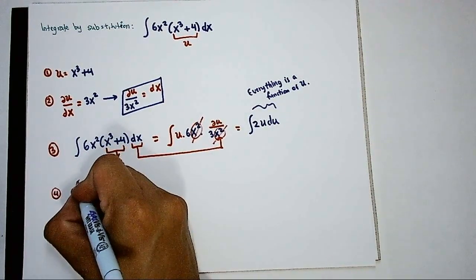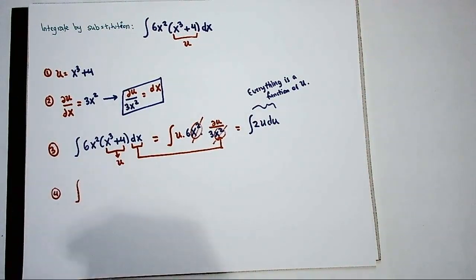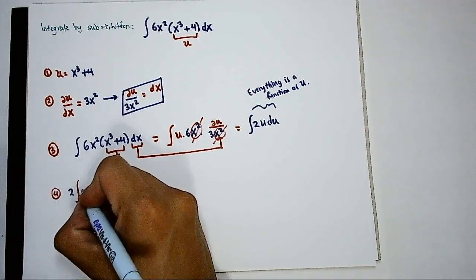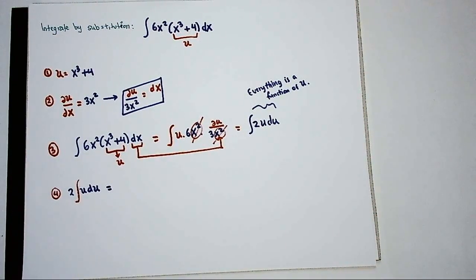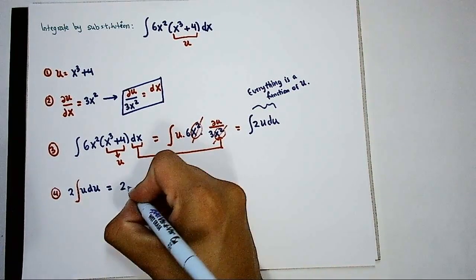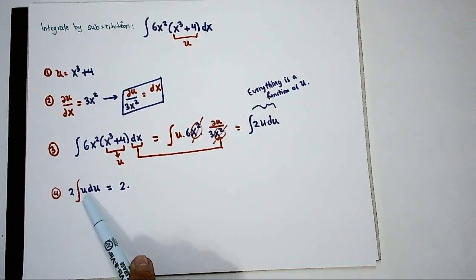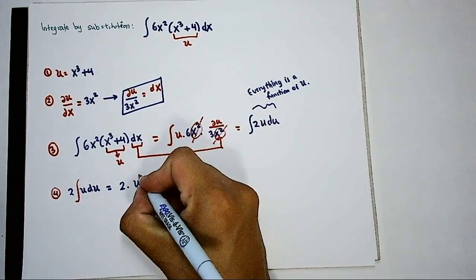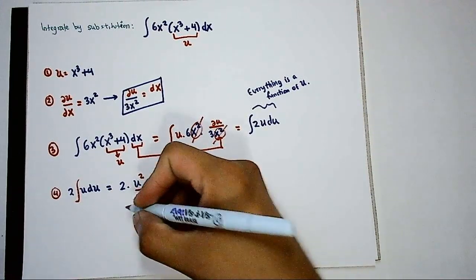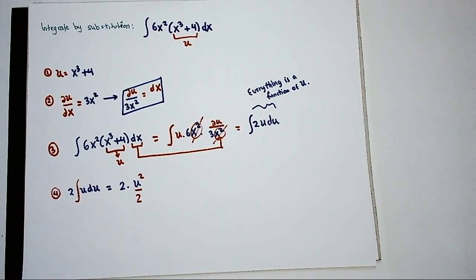Now that we have our integral in terms of u du, we can proceed with the integration. Notice that I can take the constant out. This is 2 times the integral of u, which is u squared divided by 2, which we have done before.